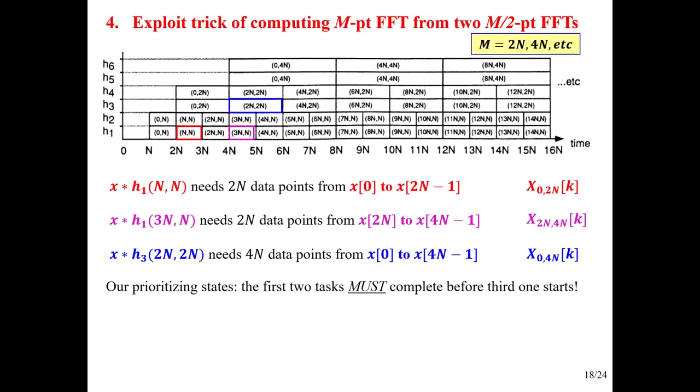So let's imagine I've finished this, so I have that. I've finished this one, so I have that. And now I'm about to start on this one. So that's assuming I've also already done that one. But remember, those two share the same FFT, so I've already got that one too, right?